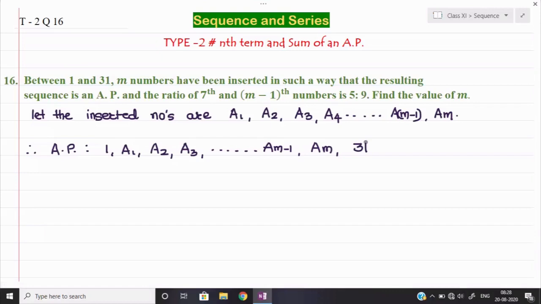So the third last number will be a(m minus 1), second last will be am, and the last number will be 31. Now here we know the value of a is 1.